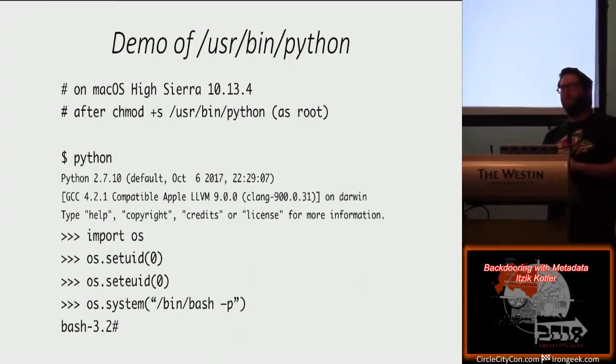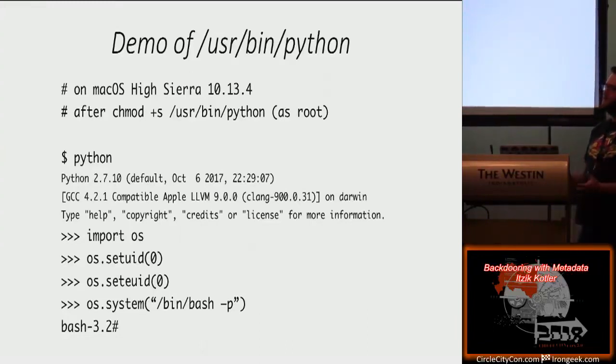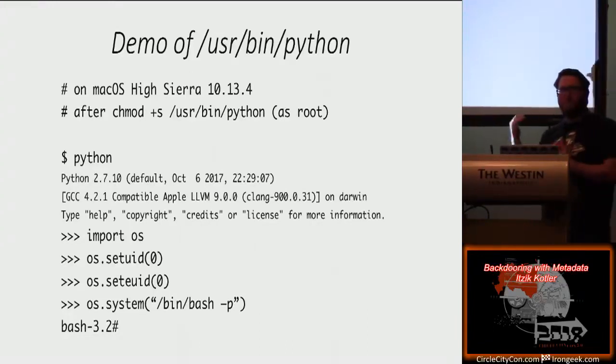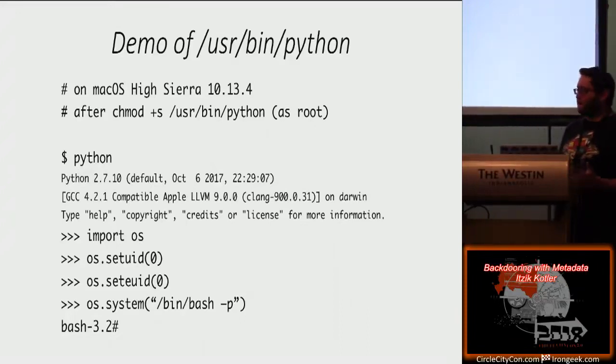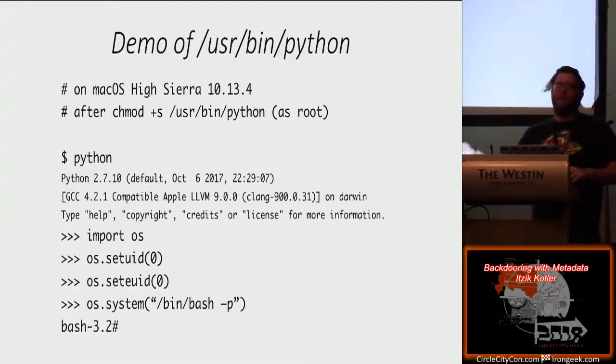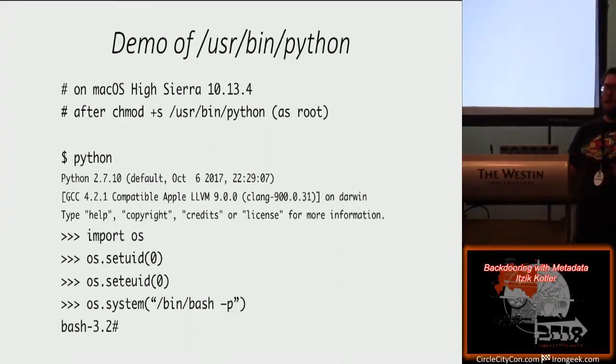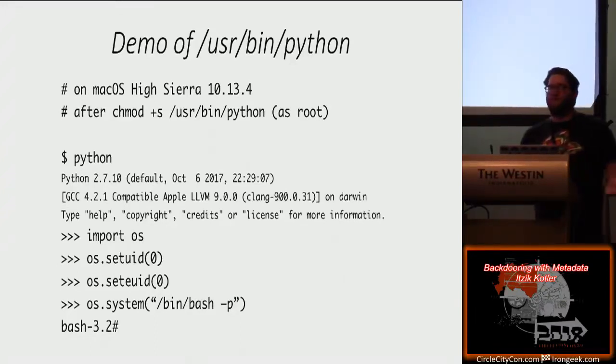But if you look at interpreted programming languages, and I'm just using Python here because I'm a big Python geek, the same idea could be applied to Perl and Ruby and other interpreted languages. They basically give you a console, and in that console you can then go ahead and program it to do different things, right?